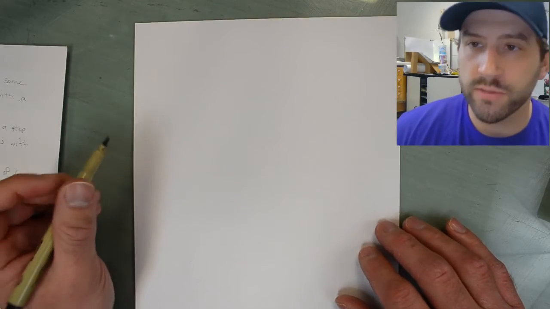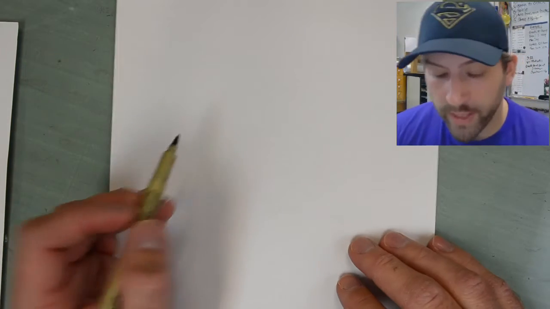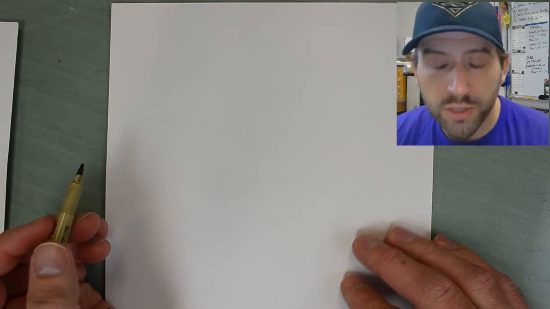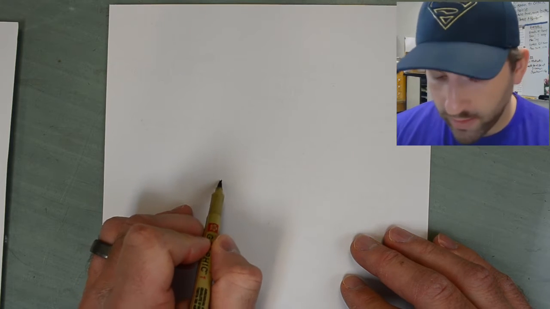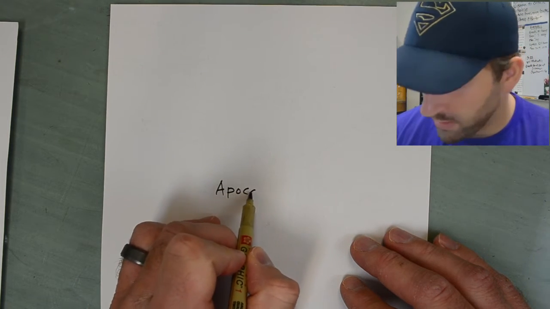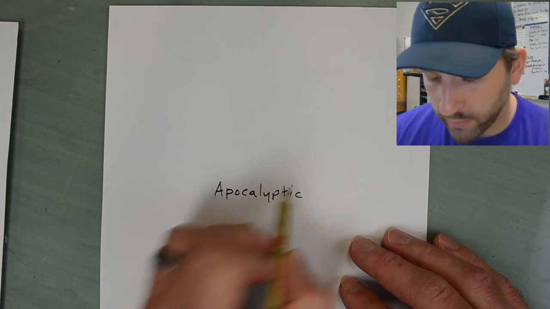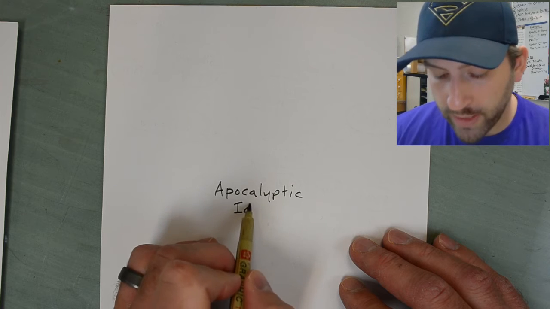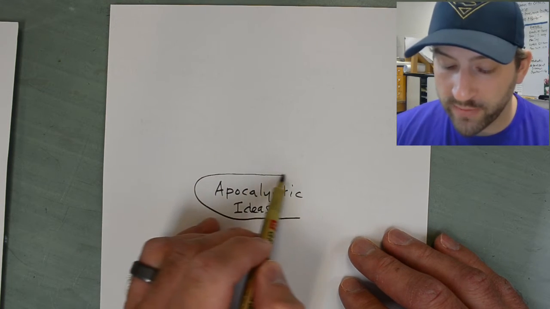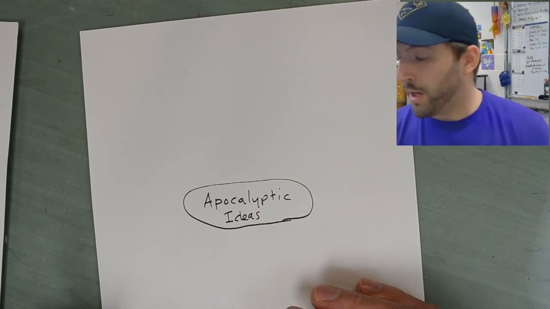I'm not going to say whose idea it was because this is a YouTube video, but it's one of the movie genres, and it's apocalyptic. I have to make sure I spell this correctly. So apocalyptic ideas. I chose this one mostly because it's really easy for me to think about different aspects of apocalyptic ideas.